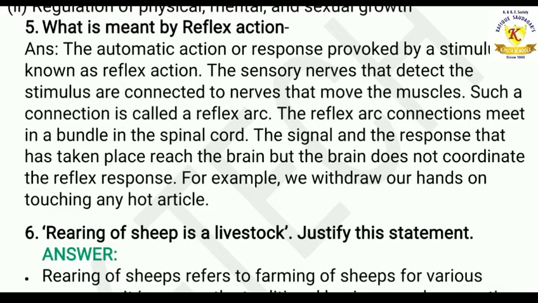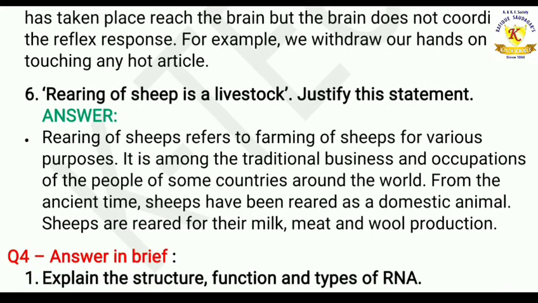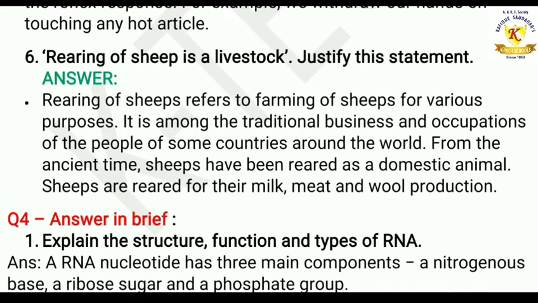The reflex arc connections meet in a bundle in the spinal cord. The signal and the response that has taken place reach the brain, but the brain does not coordinate the reflex response. For example, we withdraw our hands on touching any hot article. Right?